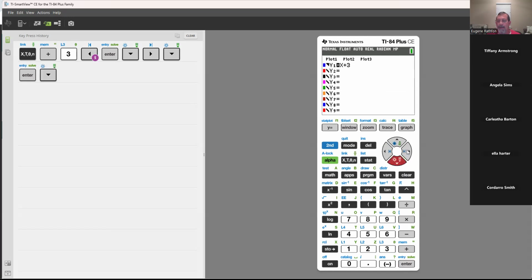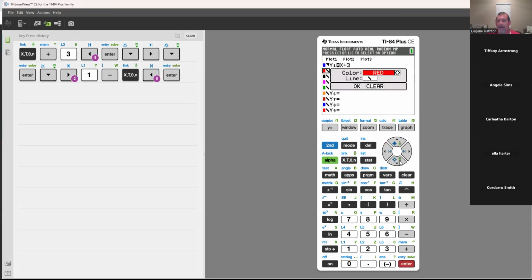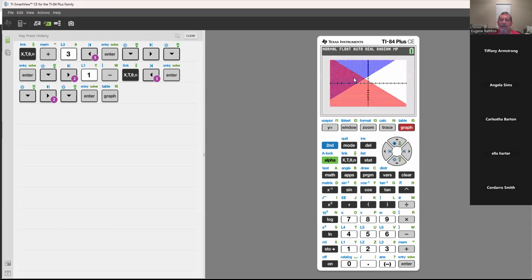Now I'll go to y2 down here, and that one was 1 minus x. Go all the way left. That one was below, so hit enter. They're going to make that in red for me. Go down here, make that triangle bigger on the bottom. So this one shades below, and then go to OK and enter. Now when I graph it, I'm looking for the double shaded region on the left. You got blue on top, red on bottom, and then both of them on that left side, okay?